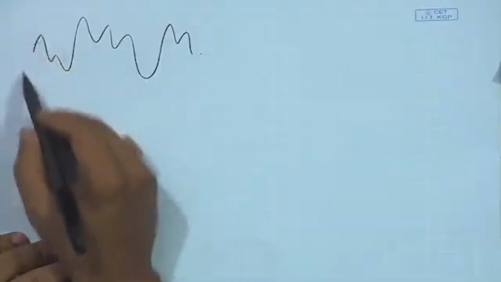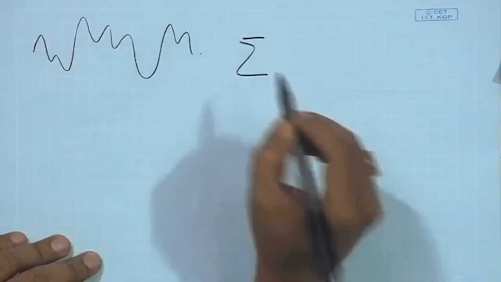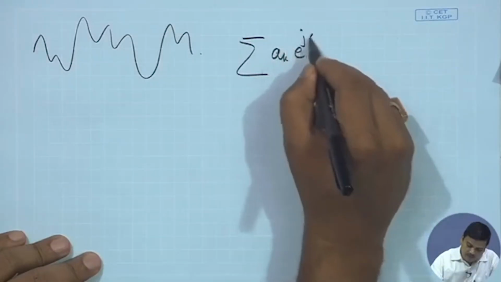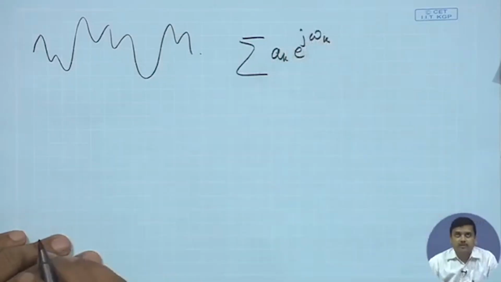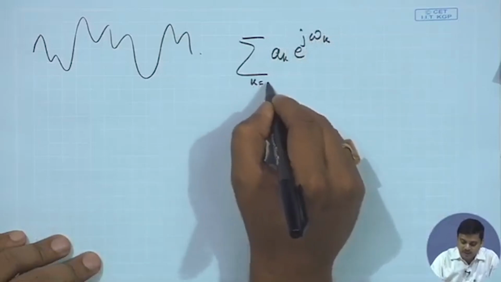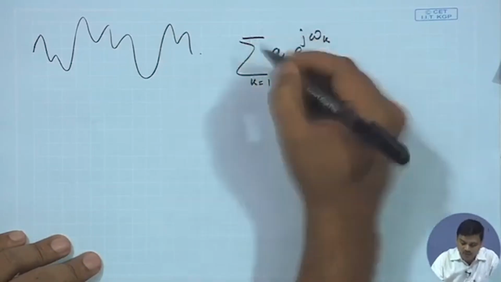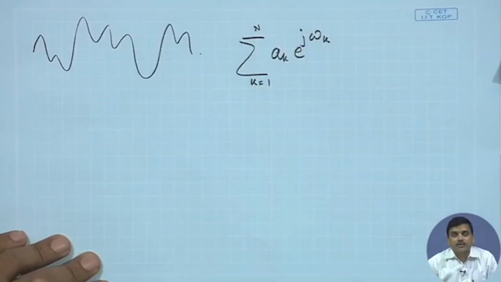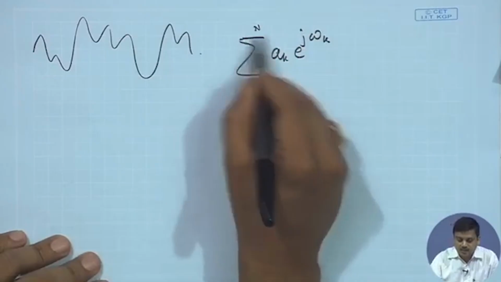Now then there was a change of view at a certain point of time. What was realized is that, well, if this signal is made up of several sinusoids, let's say I call it a_k e to the power of j omega_k, and I can recreate it with k equal to, let's say, 1 to, actually it goes to infinity, but still let's say we have a finite number. Okay, k is the index, so that's why I'm taking it only positive.